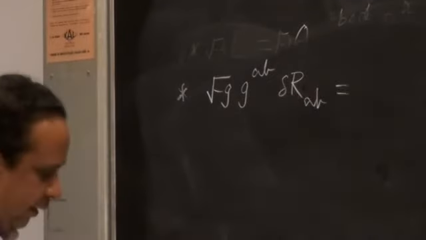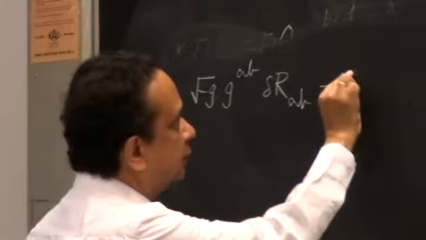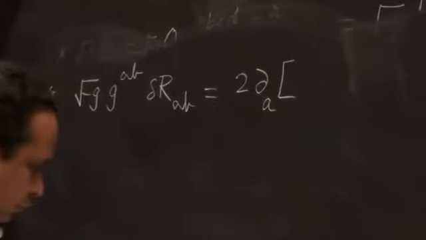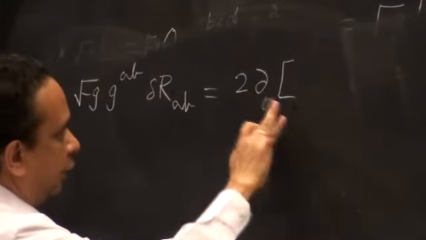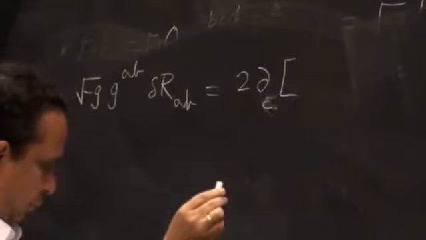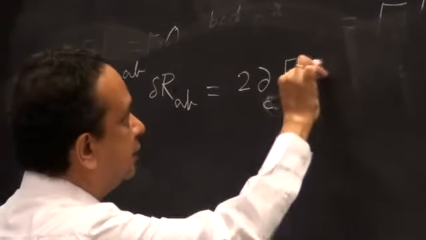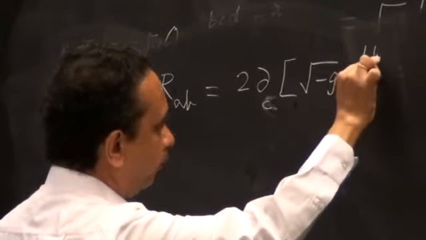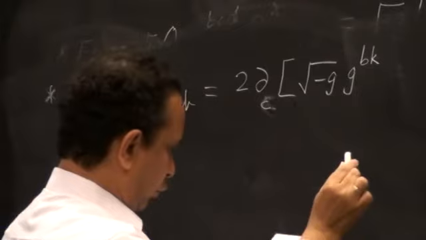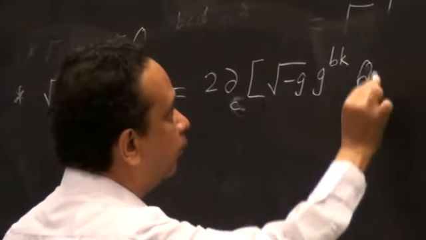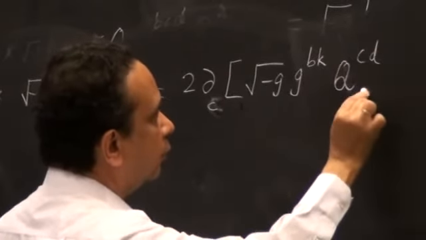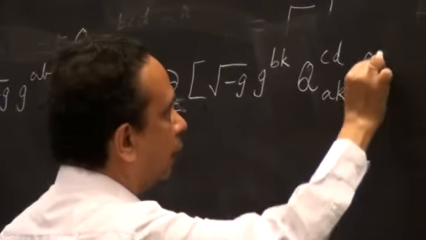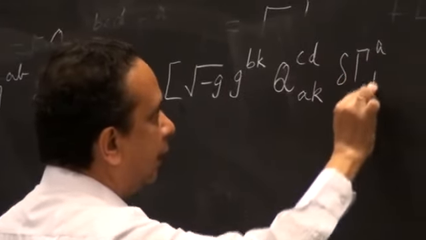This term will turn out to be twice some d_A, or rather in my notation d_C, root minus g g^BK Q^C_DAK delta of gamma^A_BB.